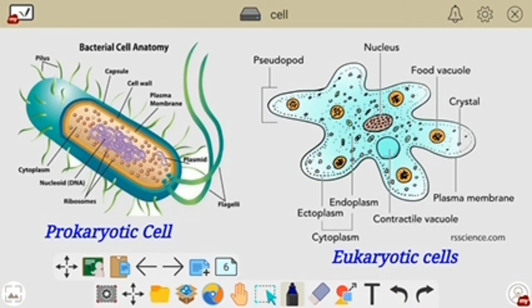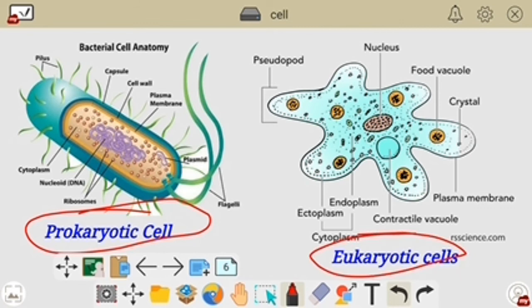Okay, let us discuss the different types of cells. One is called the prokaryotic cell and one is called the eukaryotic cell. The cell having nuclear material without a nuclear membrane is called a prokaryotic cell.